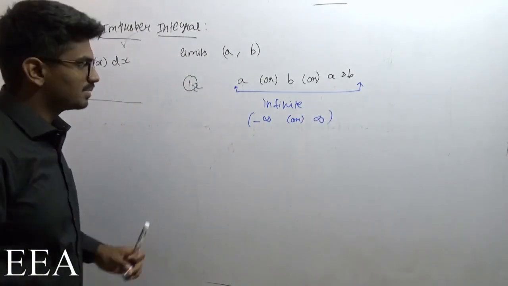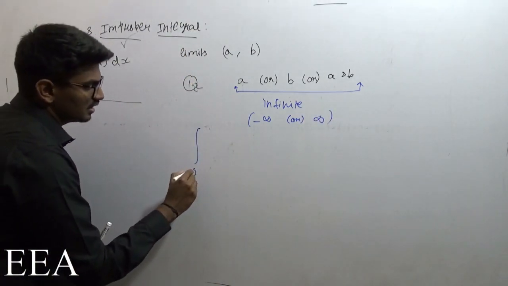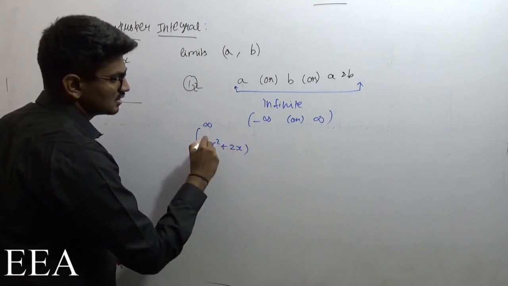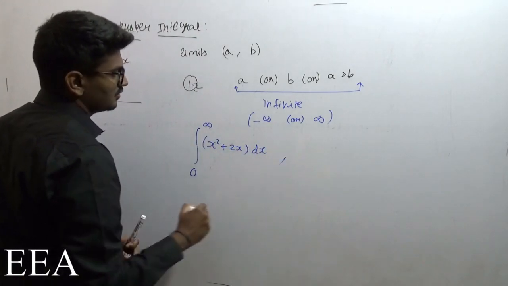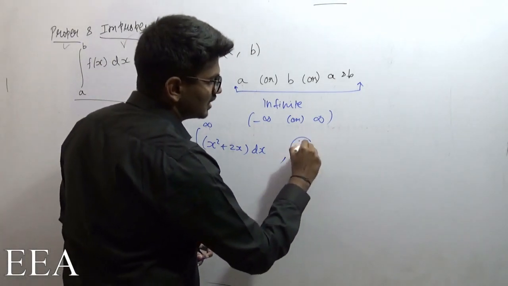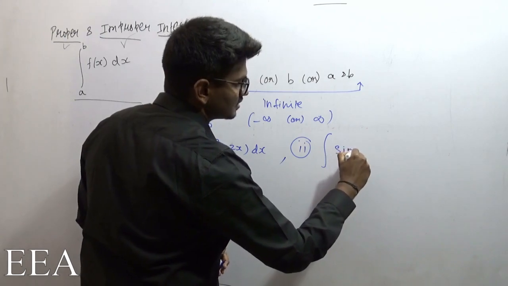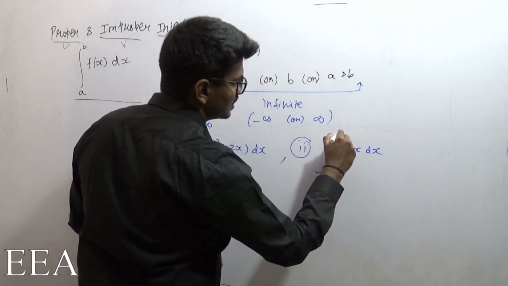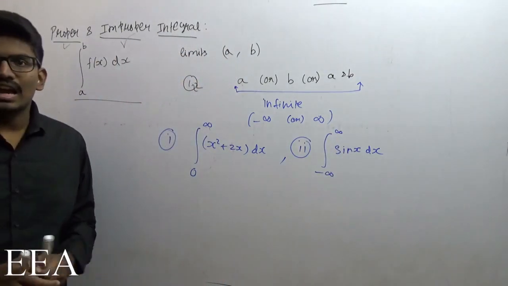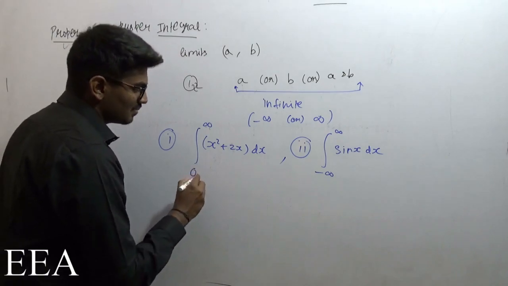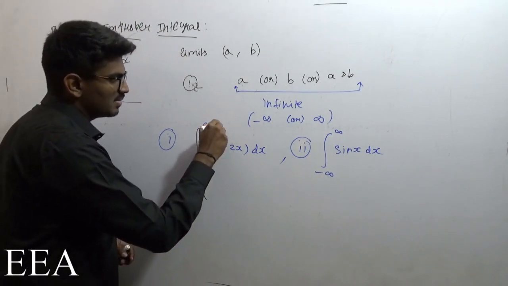Let us take some examples. Integral from 0 to infinity of x square plus 2x dx. That is the first example. Let us take another example, the second example. Integral of sin x dx, let us take it from minus infinity to infinity. So I have two examples here. In the first example, a is 0 and b is infinity.